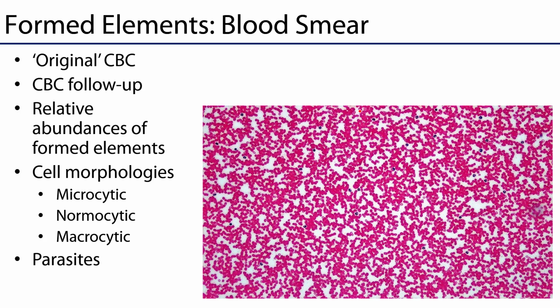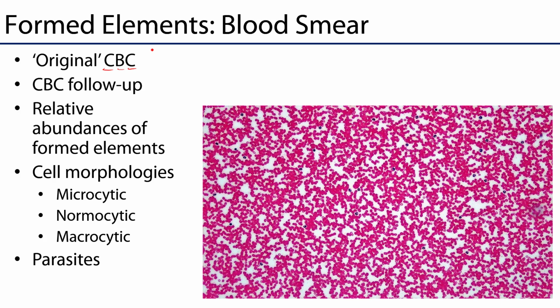So this was the original method by which someone would evaluate blood. So this is the original CBC, or complete blood count. Nowadays, a lot of these techniques are more automated, but this is a useful follow-up tool to an automated CBC.